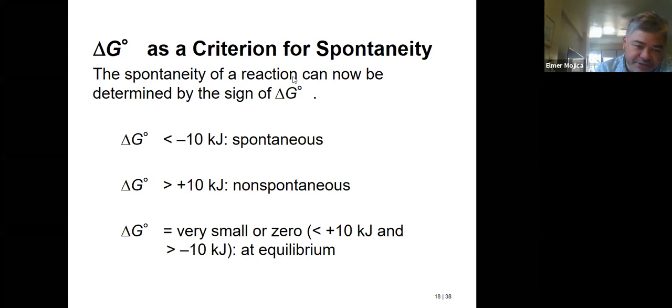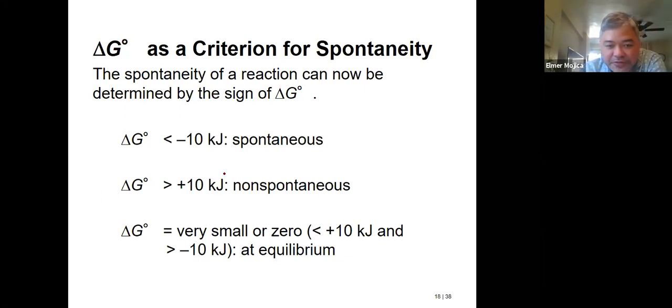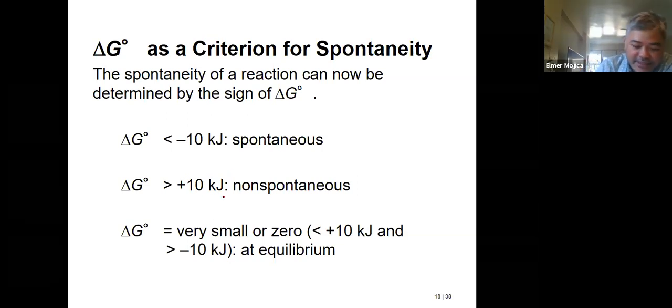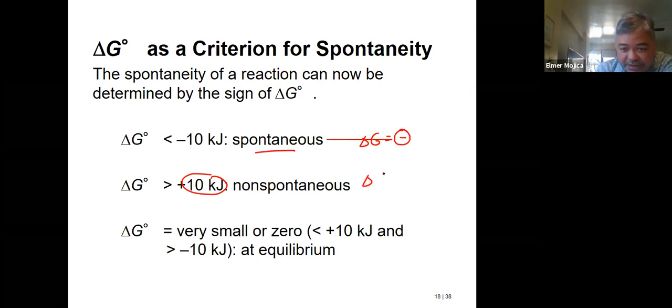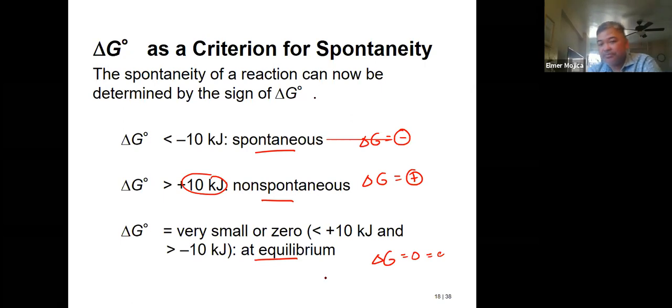In the presentation that we have here, they put like 10 kilojoules as the number for a system to be non-spontaneous. But there, if it's a negative, then that's spontaneous. If it's a positive, then it's non-spontaneous. If it's zero, then you have a system at equilibrium.